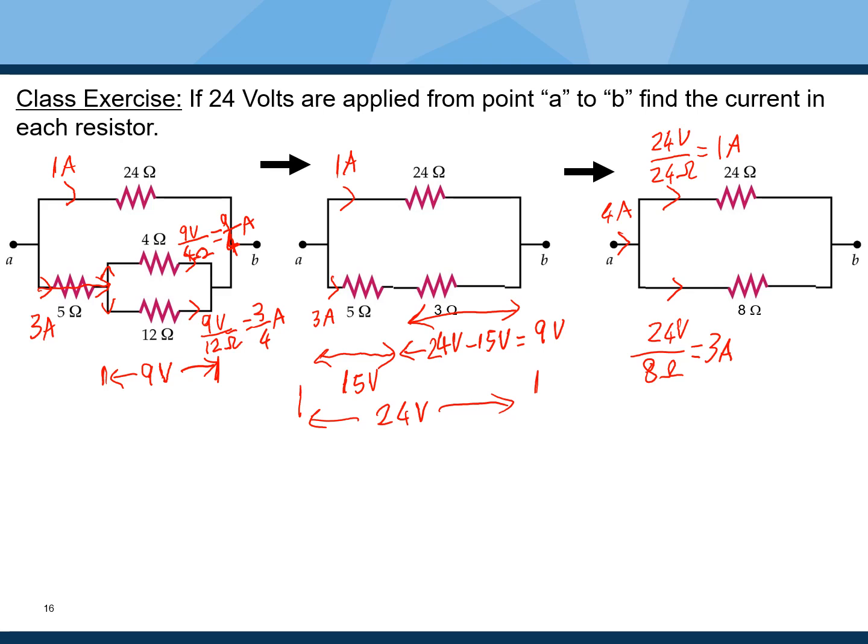Of course, I should go ahead and write down 15 volts across the 5 ohm resistor also, just to make the solution complete. And this gives us a complete solution of the circuit in the left figure, which is in fact the solution of the entire circuit problem.